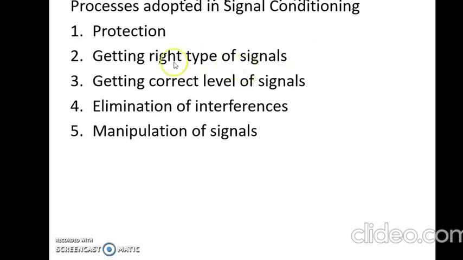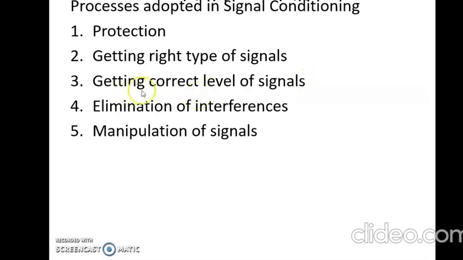Second one, getting the right type of signals. If the output signal of a transducer is of analog type and it is required to be converted into digital form, then we must use an analog to digital converter. Or if the output signal is in digital form and it is required to be converted into analog signal, then we have to use a digital to analog converter.